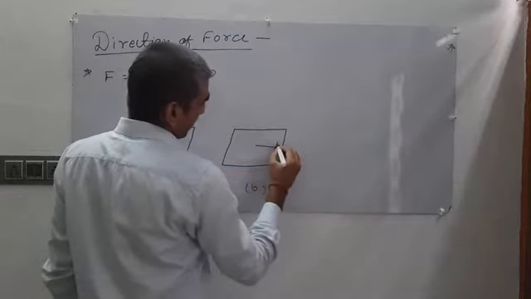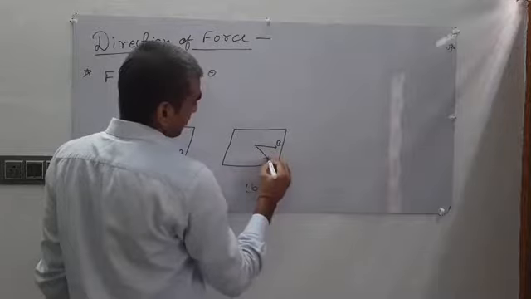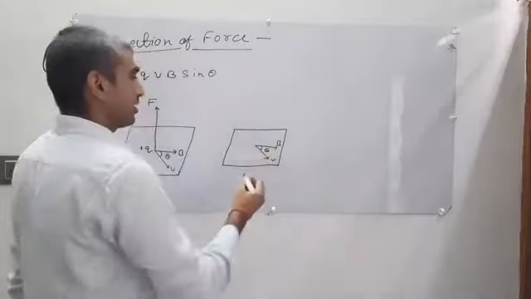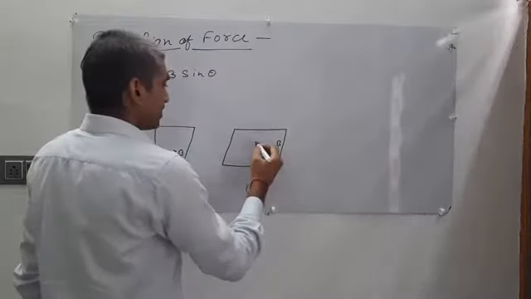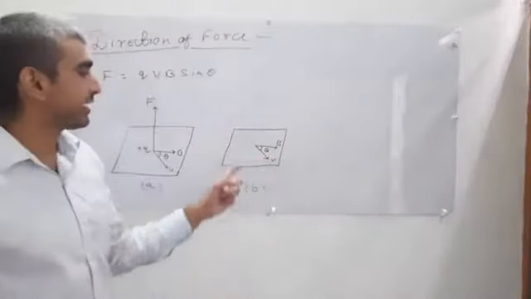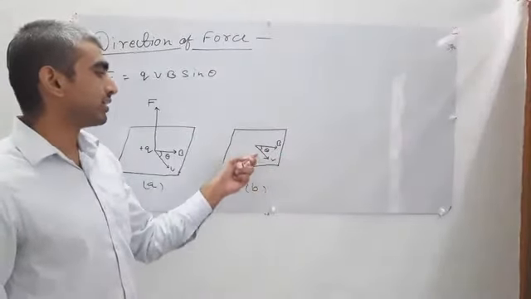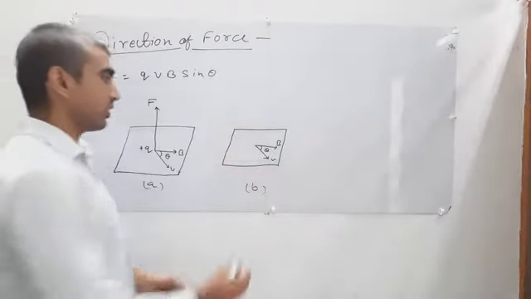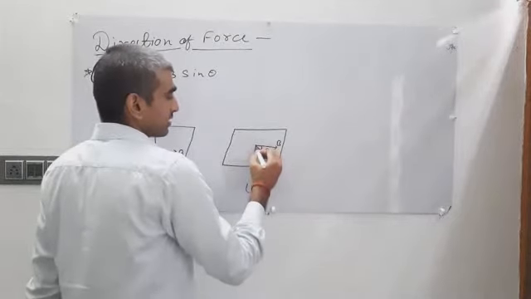When our charge is negative, this is our magnetic field, this is our velocity which makes angle theta with B. This time our direction of force will be perpendicular, downwards from the plane. Downwards means in this way.